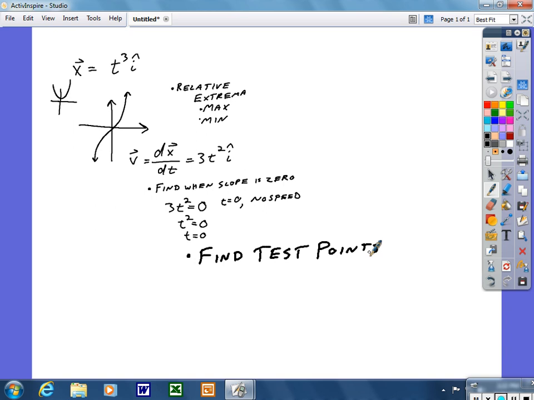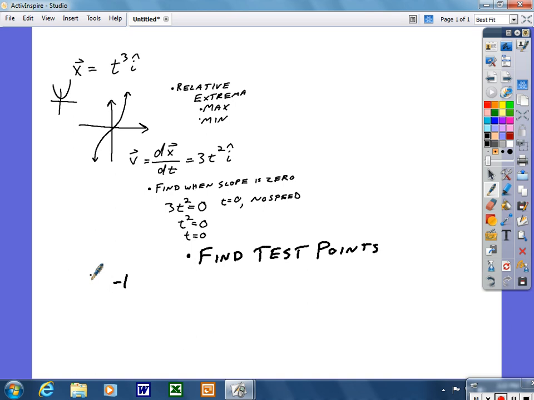I'm going to pick one test point that is before this, one test point that is after this, because like I said before, you cannot go from a positive slope to a negative slope without finding a 0 slope. I'll make it as easy as I can. I'm going to pick a time that is less than 0, so we'll go time -1.